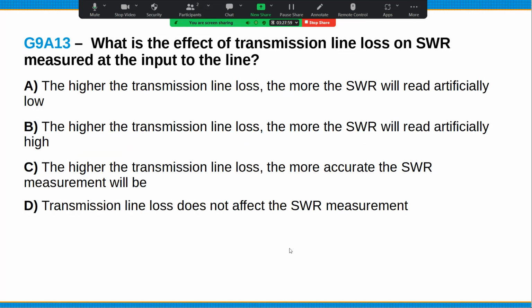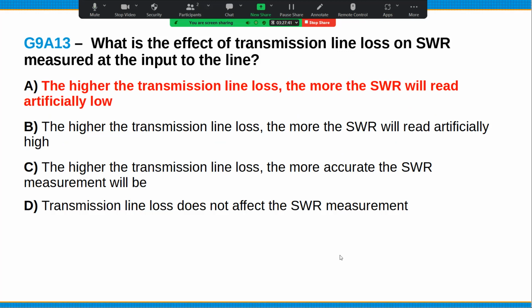What is the effect of transmission line loss on SWR measured at the input to the line? I think they really want you to know this, because these are not the same questions, but they're basically asking the same question several different ways.